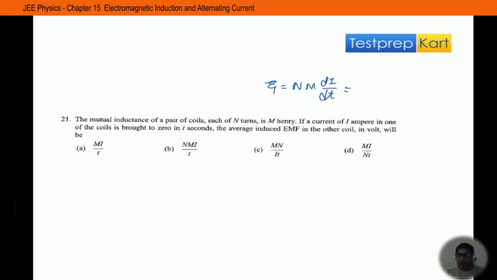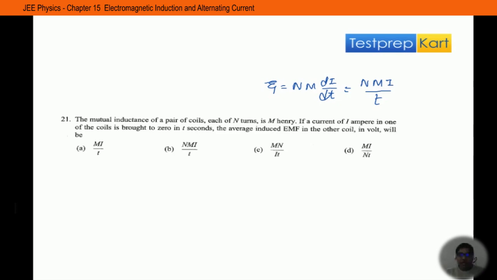So from here we can write that E equals N into M into I upon t, right? Because current changes from I to 0 in time t, we can replace delta I by I and delta t by t. We are taking the average value.